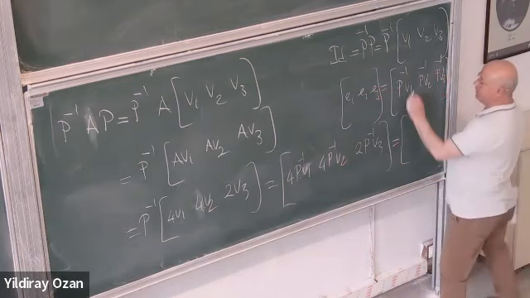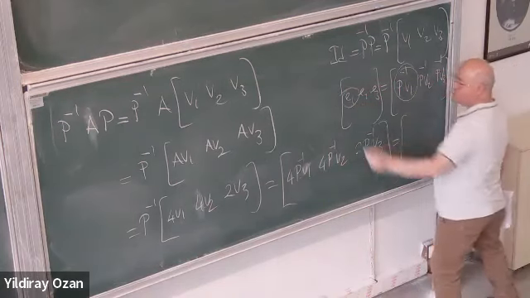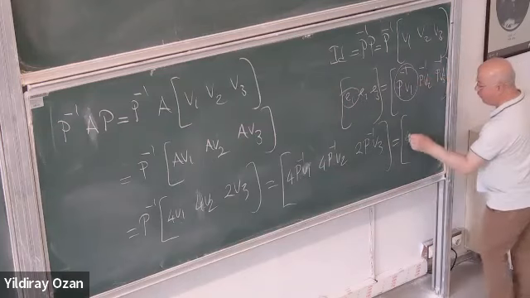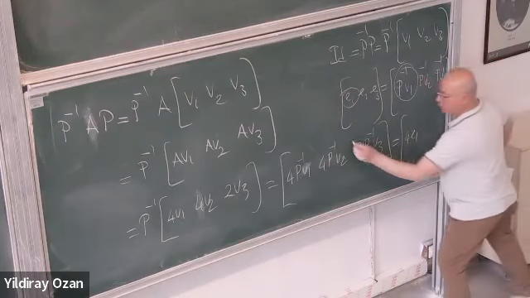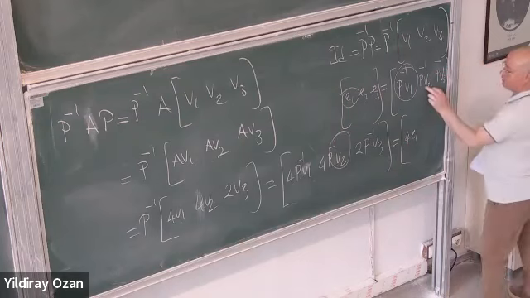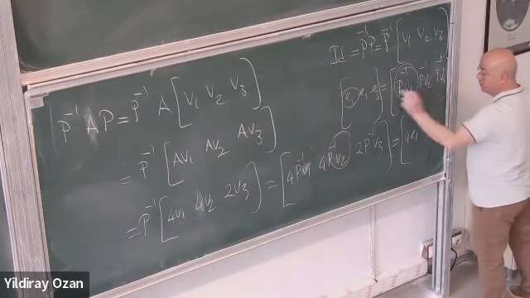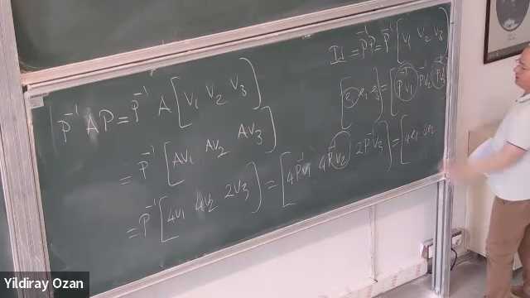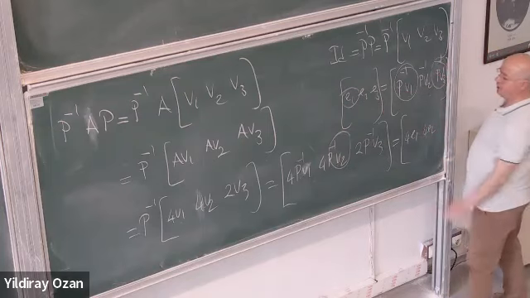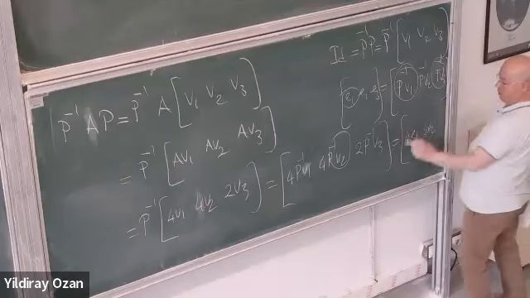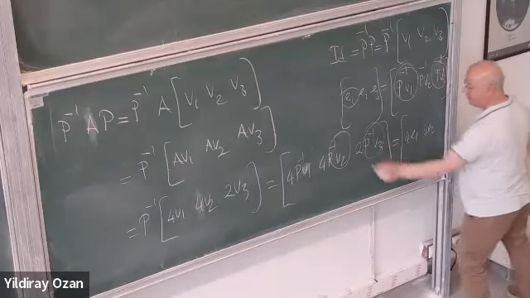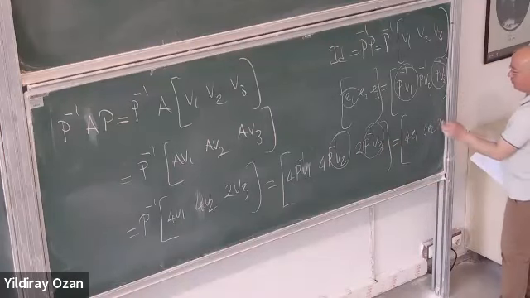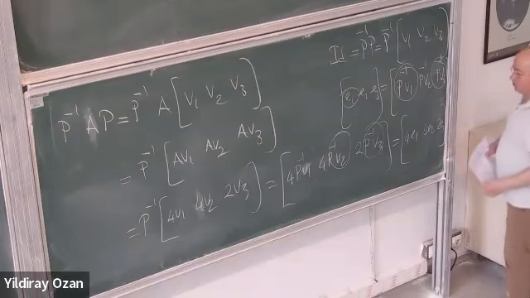But this is just E1, so this is 4 E1. Sorry, this is E2, 4 times E2, and P inverse times V3 is just E3. So it is just 2 times E3. So what is this?